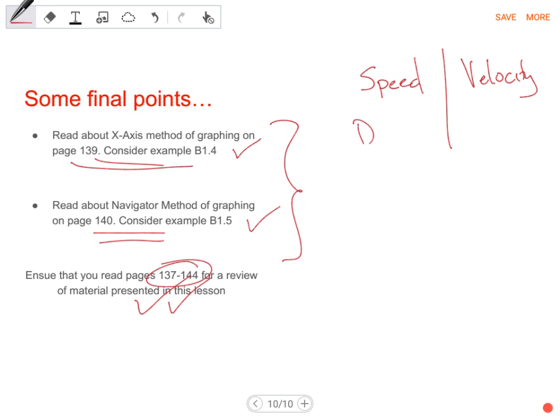For example, distance versus displacement. There's a big difference there. So again, you have speed versus velocity, but it's all about the scalars and vectors. Please watch this again. Please try the practice questions. It is crucial that you have this information cemented before we move on.